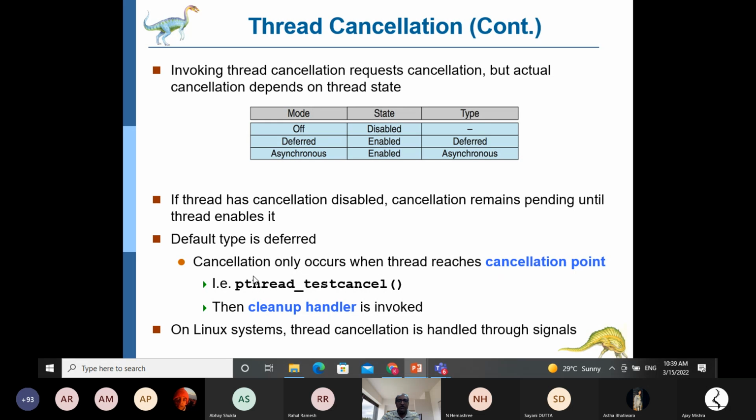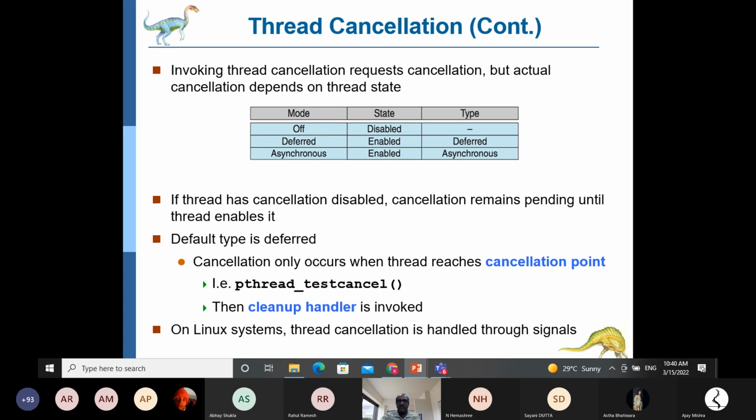And again, there are modes, deferred mode and asynchronous mode, right? As I mentioned, when a thread is executing in the deferred mode of cancellation, it periodically checks the status of the cancellation by using pthread_testcancel. By using this function, it checks whether there is a request for cancellation or not.